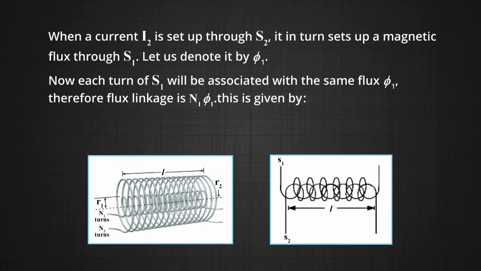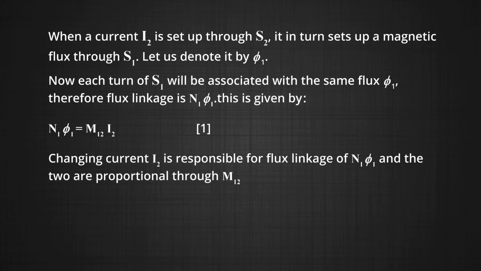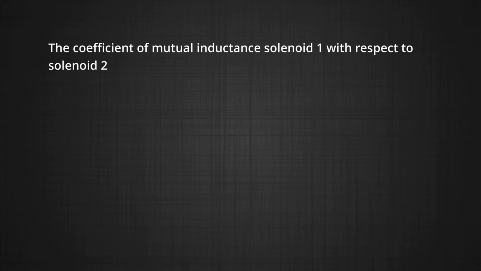This will be equal to N1 phi1 = M12 I2. So, changing current I2 is responsible for flux linkage of N1 phi1, and the two are proportional through M12, the coefficient of mutual inductance of solenoid 1 with respect to solenoid 2.